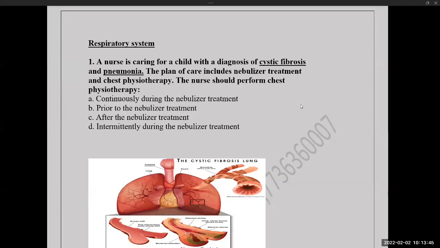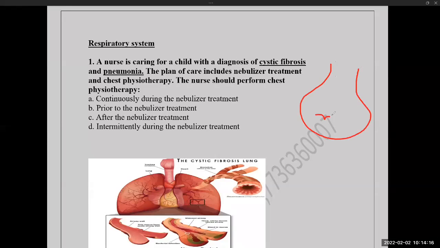And what is the difference in the color of sputum? In lobar pneumonia it is dark rusty colored sputum, whereas in bronchial pneumonia it will be greenish yellow colored sputum.